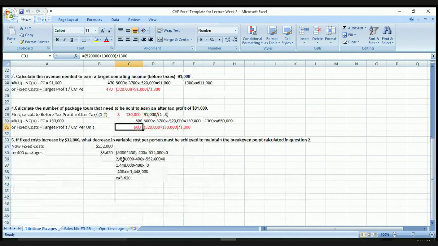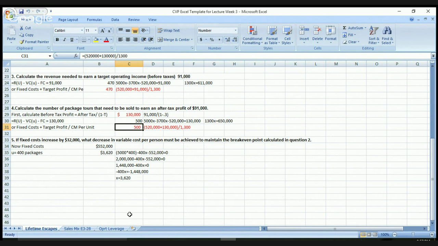So if I have 2 million minus 400x minus 552,000 equals 0. Add like terms, I get 1,448,000 minus 400x equals 0. And then doing the basic algebra, I end up dividing 1.448 million by 400, and I get 3,620.